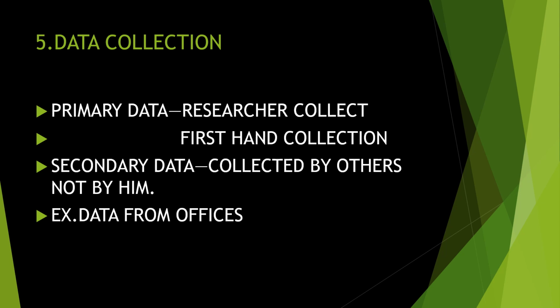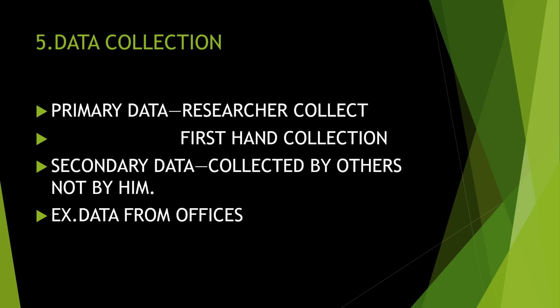And the secondary data is collected by others, not by the researcher. It is already collected by some people and is in the offices. For example, if you want the number of students in each school, or the male-female ratios, you can collect it from the offices related to it.